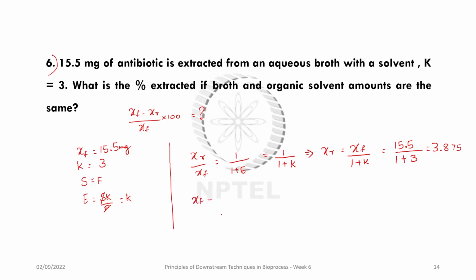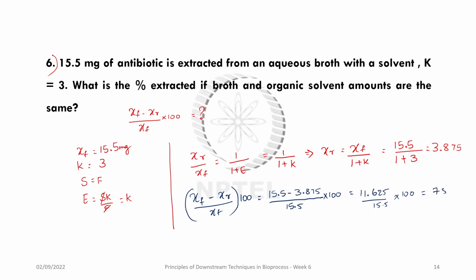XF minus, sorry, XF minus XR by XF into 100 is equal to 15.5 minus 3.875 divided by 15.5 into 100, which is 15.5 minus 3.875, 11.625 by 15.5 into 100, and I'm getting that as 75%.